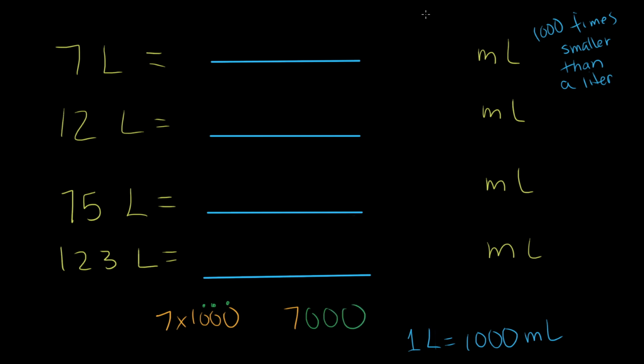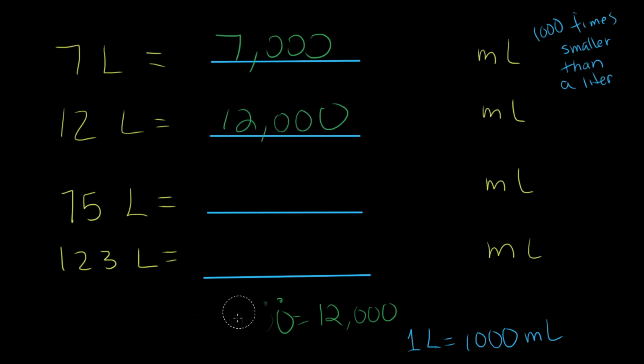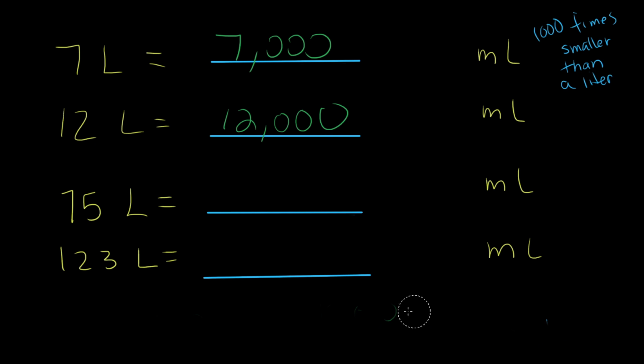So 7 liters converted to milliliters is 7,000. 12 liters converted to milliliters. No different. 12 times 1,000. 12 times 1 is 12 with 1, 2, 3 zeros. 12,000. Okay, let's do the next one.